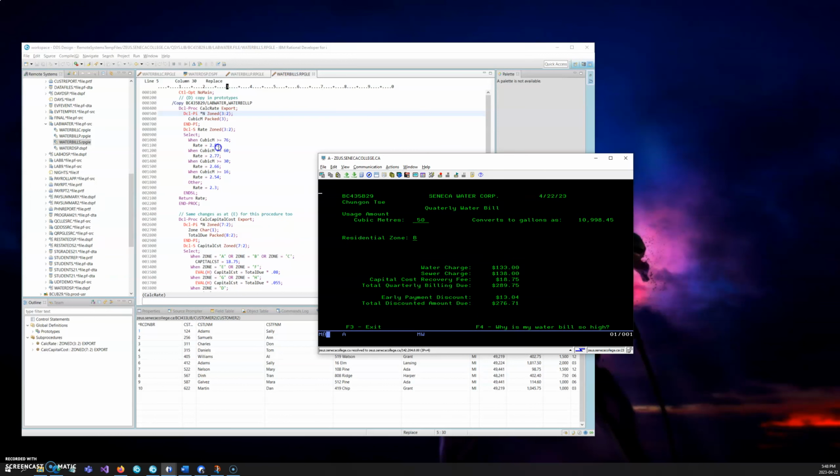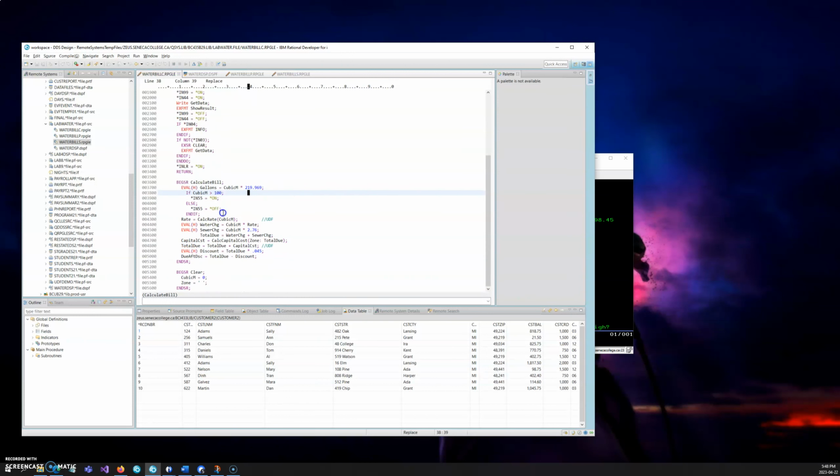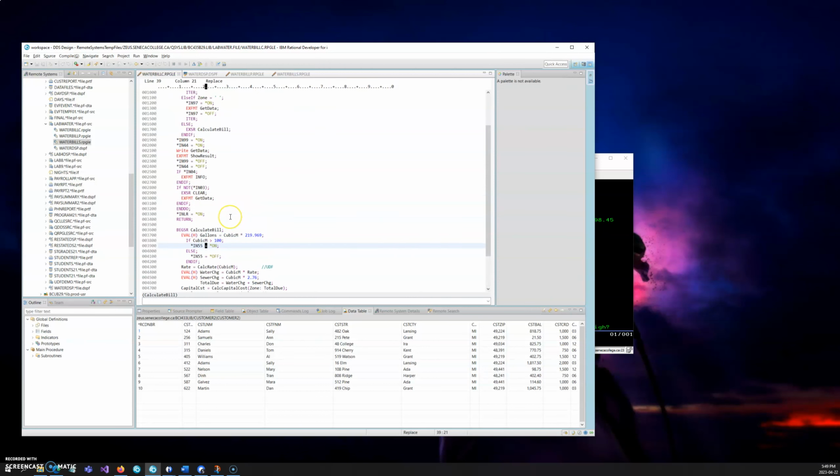So let's look at what we have here. In the main code, we already saw how it worked, but we can look at the inside. So to calculate code, here it says the gallons, it's a cubic meter, converting the units. So if cubic meter is larger than 100, then we have indicator 55.